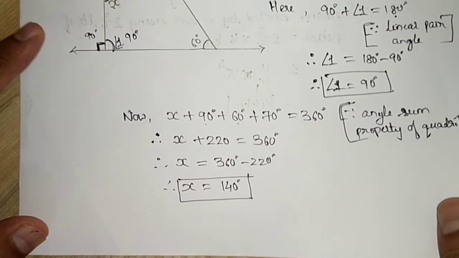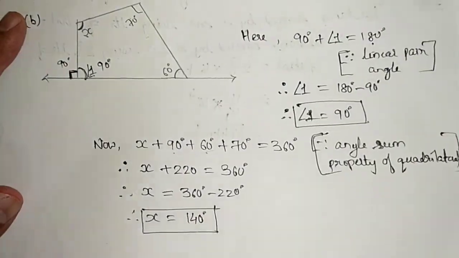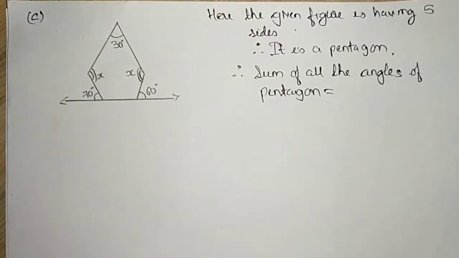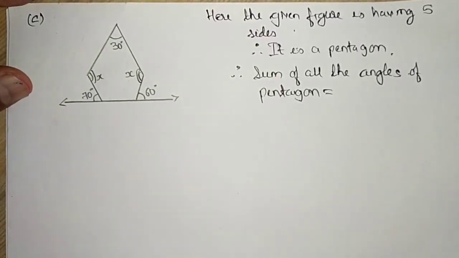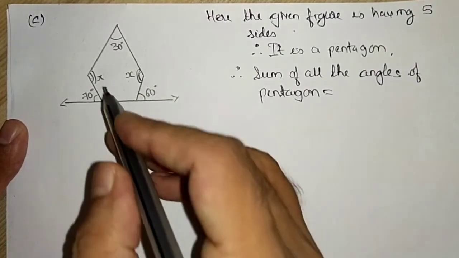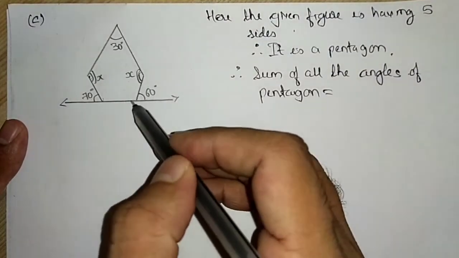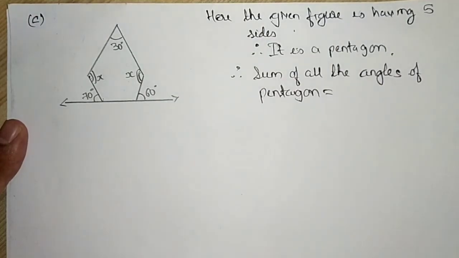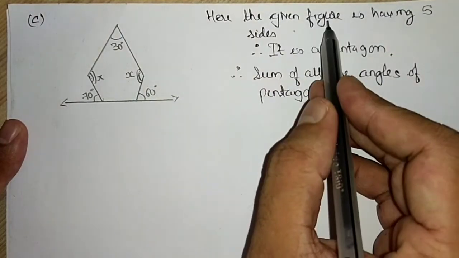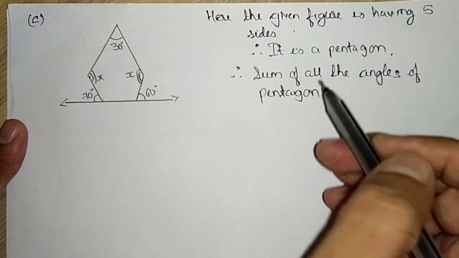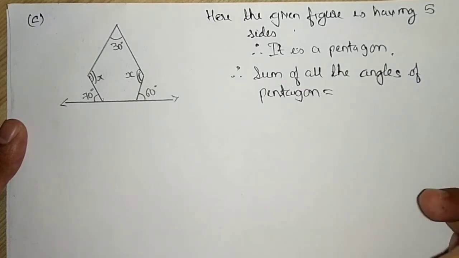Now part C, but for that let me draw it first. So I have drawn this figure. Here you can see this given figure has 5 sides, 1, 2, 3, 4 and 5. So we will write like this. The given figure has 5 sides, therefore it is a pentagon.